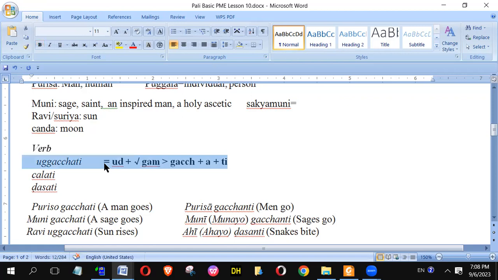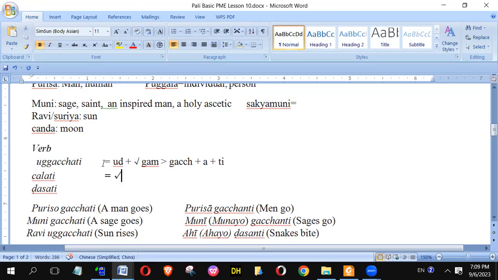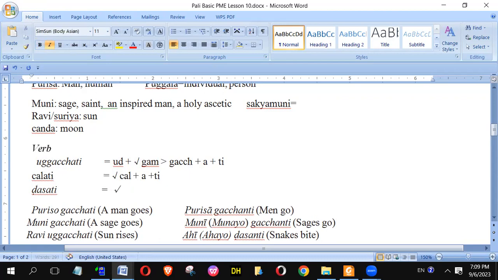So first group, right? Chalati, the root is cal, plus a plus ti. All right. So for all your homework, please remember to write, because if you don't write, it's better you write, prepare for your exam. So this way, the root is das, okay?